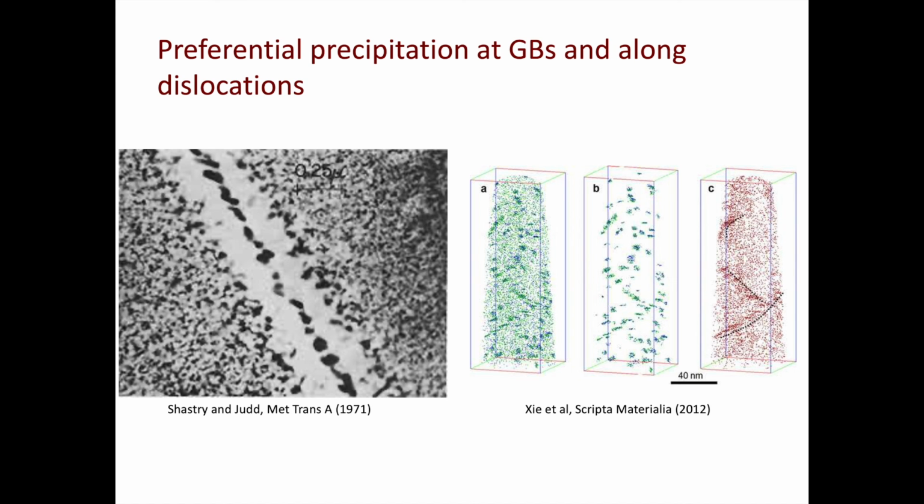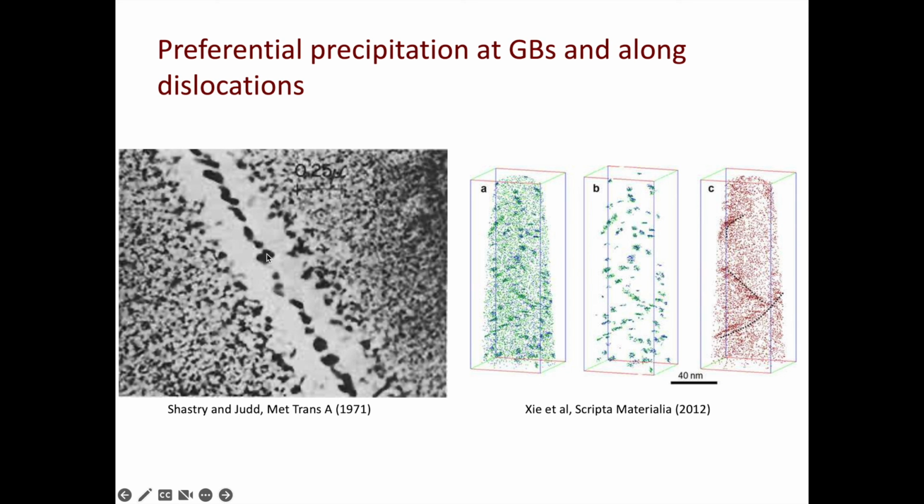In crystalline materials, grain boundaries and dislocations, they offer the preferential nucleation sites for precipitates. In the example on the left, you can actually see bigger precipitates formed along the grain boundary. Because these precipitates are much larger, they removed the solute atoms around the grain boundary, forming the precipitate-free zone.